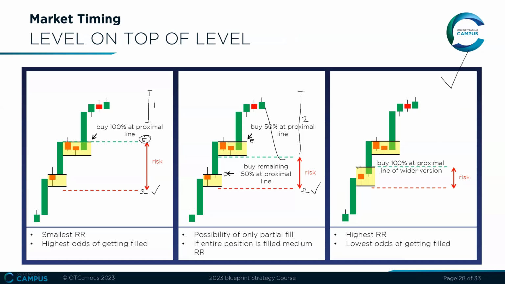I tell you why. Here we're using a combination of a refined entry, but a safe stop loss. So I have full coverage, and I'm going to buy at the lower level. However, I'm not going to buy at the preferred. I'm going to buy at the wider version of the lower level. Okay, so here I also have a pretty high probability of getting filled. This is just based on experience.